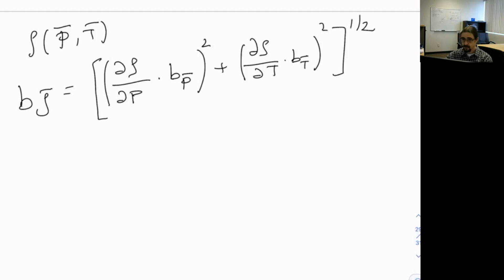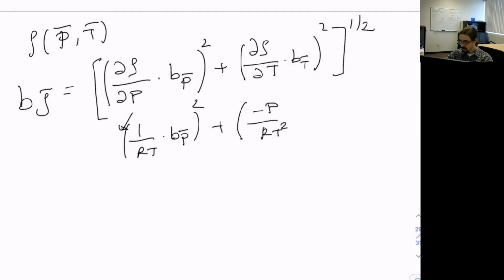D rho over dp is going to be 1 over RT, and d rho over dt is minus P over RT squared.